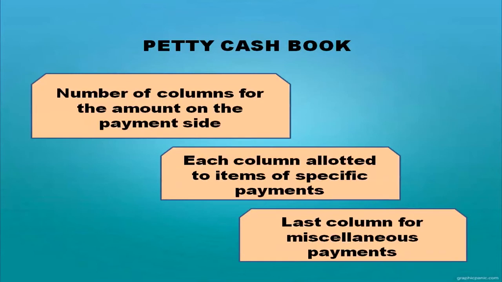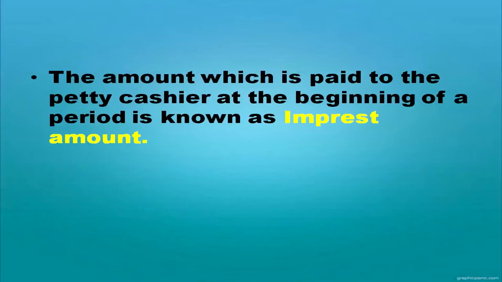In the petty cash book, there are a number of columns for the amount on the payment side. Each column is allotted to items of specific payments like postage, conveyance, refreshment, etc. The last column is for miscellaneous payments. The amount which is paid to the petty cashier at the beginning of a period is known as the imprest amount.